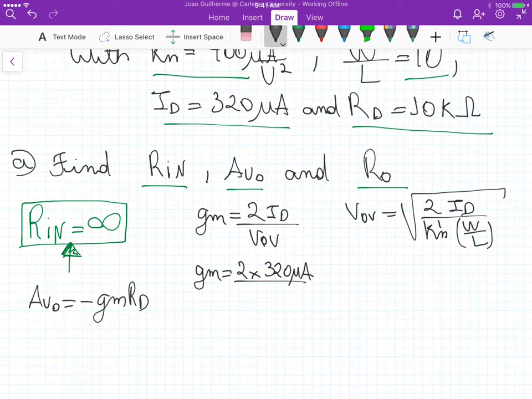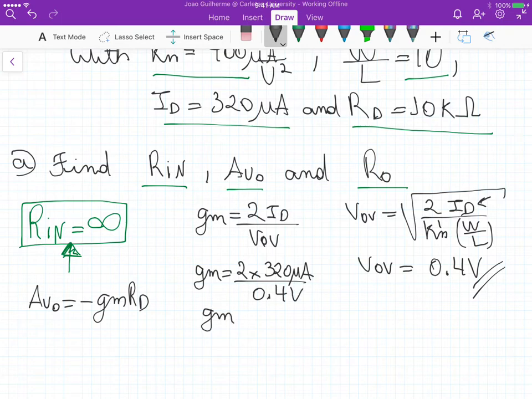We know these three parameters, so if we substitute the drain current, the process transconductance and the aspect ratio from the problem statement, we get that the overdrive voltage is 0.4 volts. So this one here is divided by 0.4 volts.